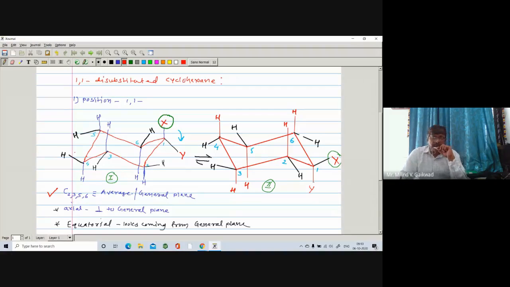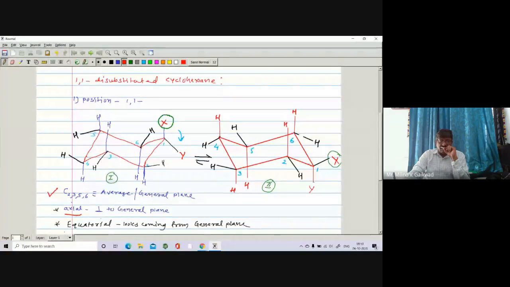And the bonds which are perpendicular to the average plane or the general plane are called axial bonds. So these bonds are perpendicular to the general plane.